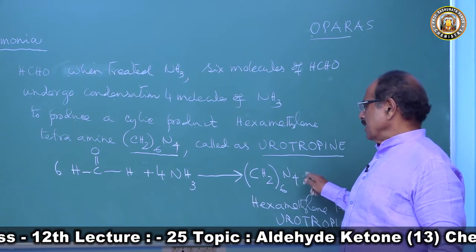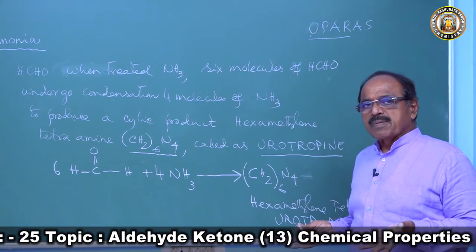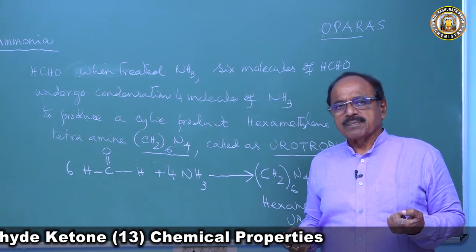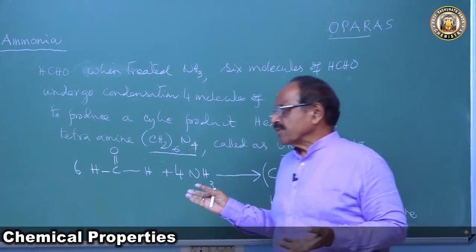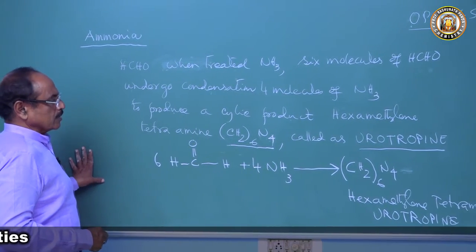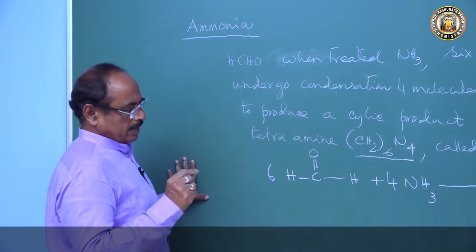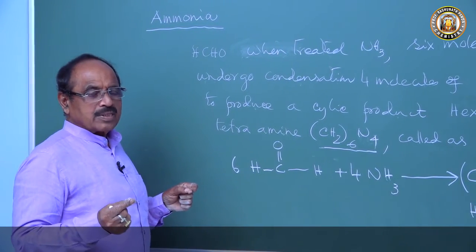Then how is this structure? There is a 6-membered ring, where the carbon atom and nitrogen atom are alternately arranged. You can write the product very easily. So this is the structure of hexamethylene tetraamine. You write carbon nitrogen alternate, carbon nitrogen alternate.